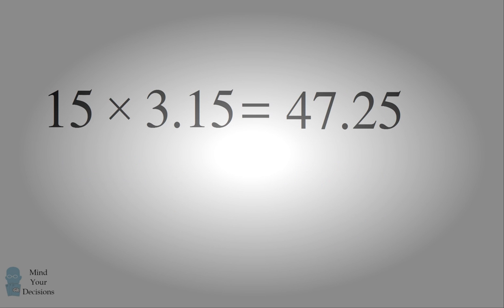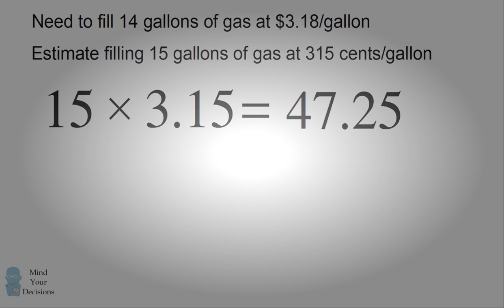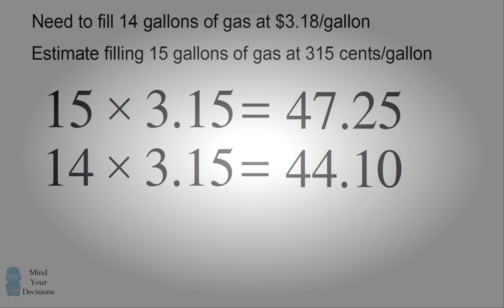Now this is to estimate filling 15 gallons, but of course we only need to fill 14 gallons. So if we wanted to fill one fewer gallon, we would be multiplying 14 by 3.15. So we subtract 3.15 from 47.25. So we subtract $3, we get to 44.25, then we subtract 15 cents, and then we get 44.10.